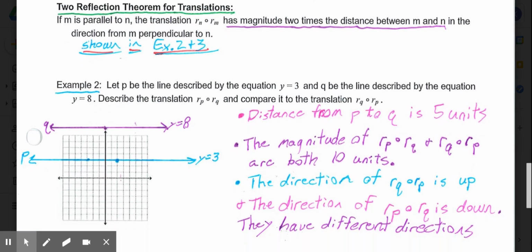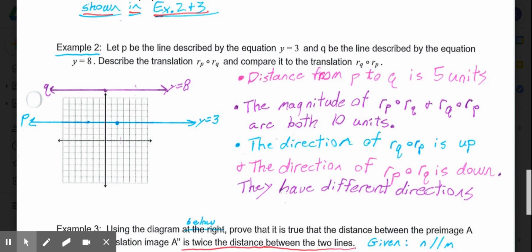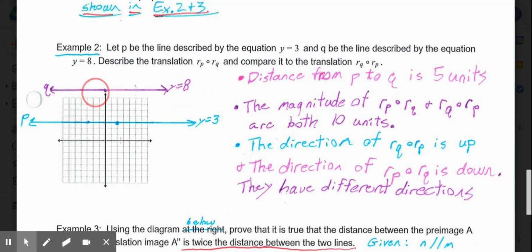So let's go down to example 2 and start to make sense of all these different pieces of info. Example 2 says, let P be the line described by the equation y equals 3. So the line here, y equals 3, is line P. And Q be the line described by the equation y equals 8.